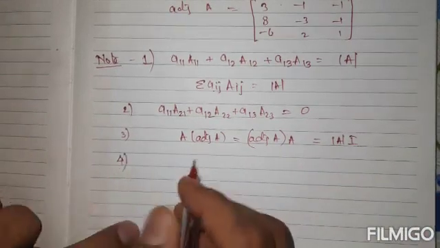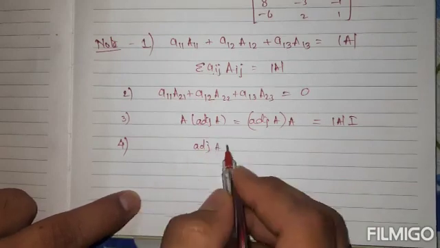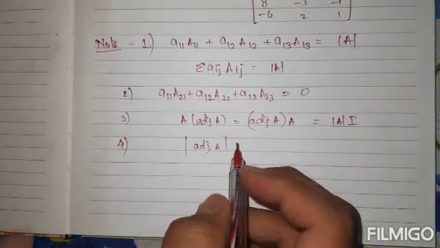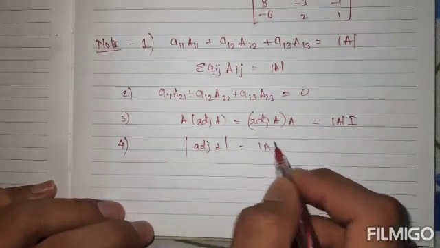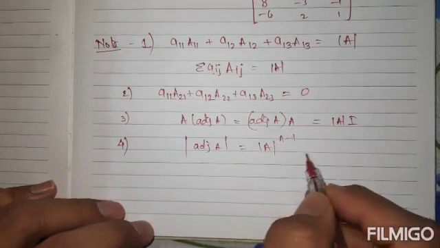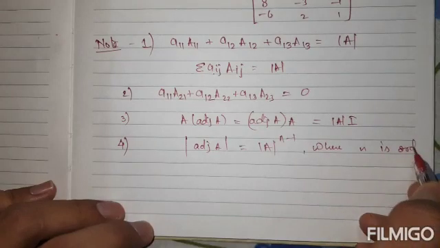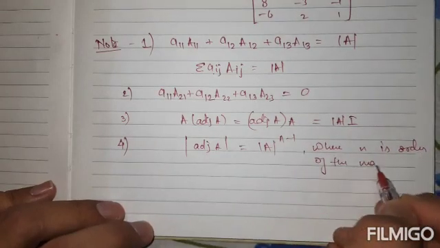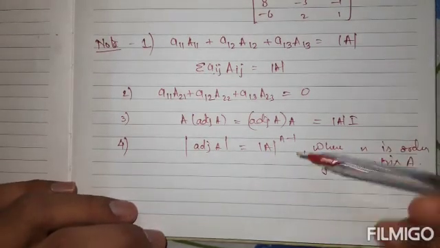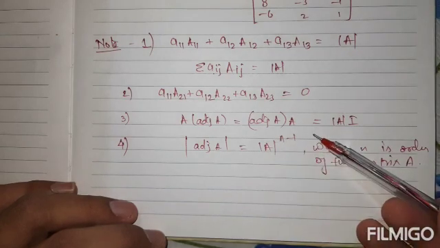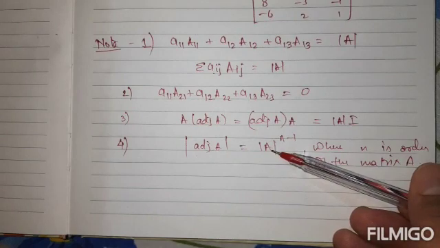And the fourth note is this one, that if adjoint of A is found, and we need to find the determinant of this matrix adjoint of A, this is equal to mod of A whole raised to n minus 1, where n is the order of matrix A. If a matrix A is of order 2, then this will become mod of A raised to 2 minus 1, which means the determinant of adjoint of A is equal to the determinant of the matrix A only.